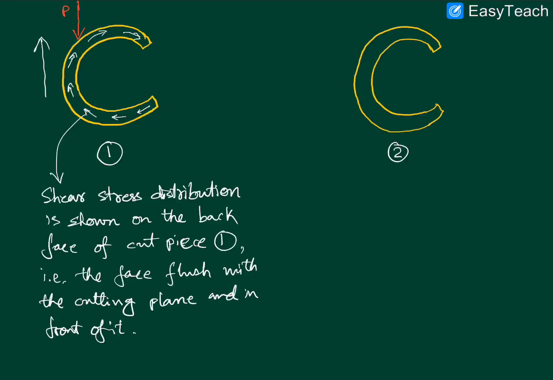So the shear stress distribution there will be exactly the same but oriented in the opposite sense. So it will be anti-clockwise. And only if we have that will the shear force here be like this.